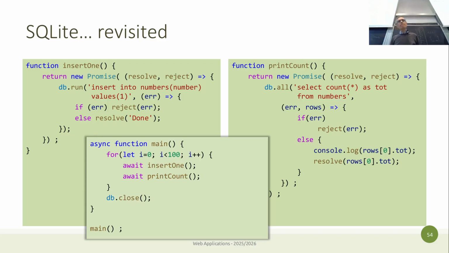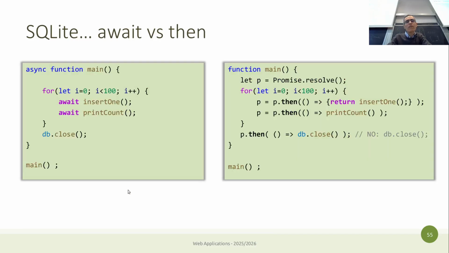Okay? So, we started from a very difficult, let's say, code to execute these 200 queries, and we ended up with something very simple and easy to read, right? Here you see the difference. Await versus the then, so the promises approach.